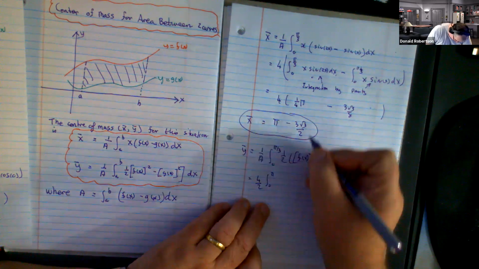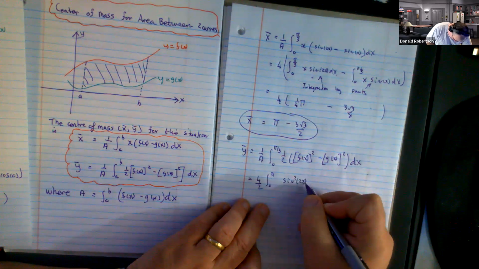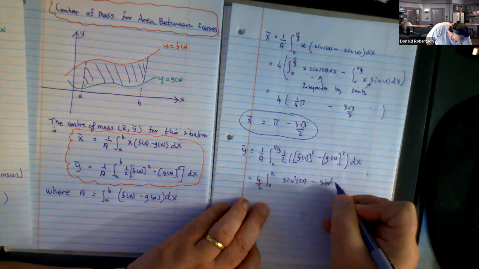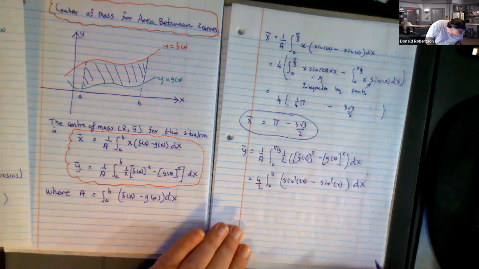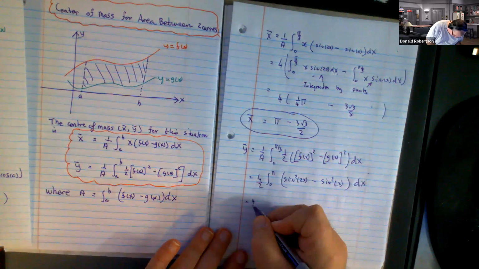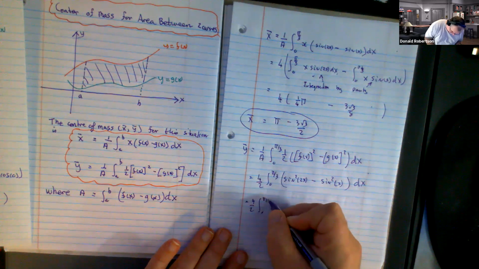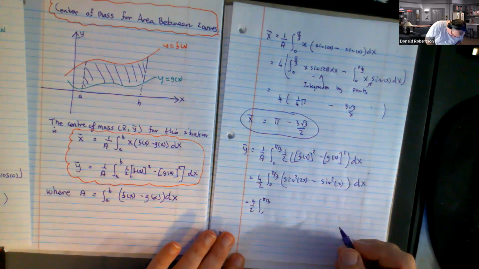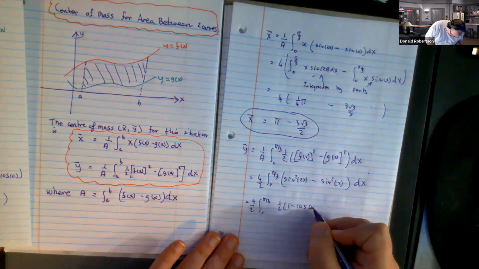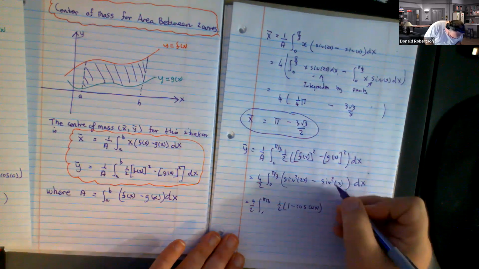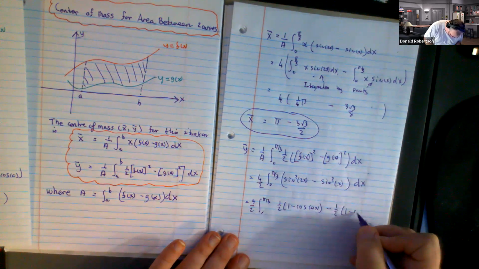If you take the first guy, you get sine squared 2x, take away sine squared x. And this time I'm going to use a trig identity. Sine squared 2x can be written as 1/2 of 1 minus the cosine 4x. And sine squared x can be written as 1/2 of 1 minus the cosine of 2x.